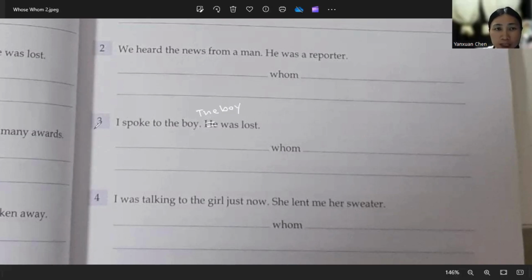Okay, so you go ahead and use the main sentence as the boy was lost. Okay, so we insert this main sentence into the answer here first. So the boy should come here. And was lost should come here.